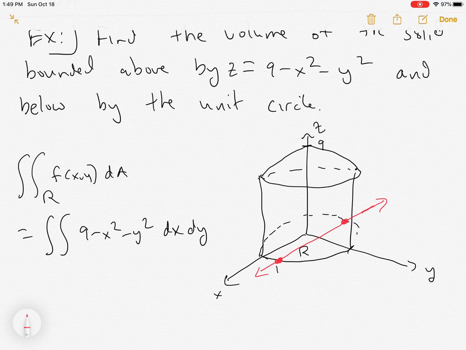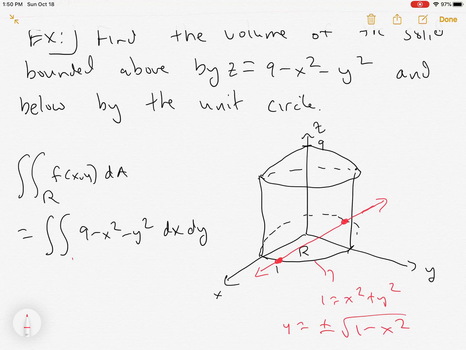And now we've got to think, what are these functions, right? Because this circle has the equation 1 equals x squared plus y squared, so that y equals plus or minus the square root of 1 minus x squared.